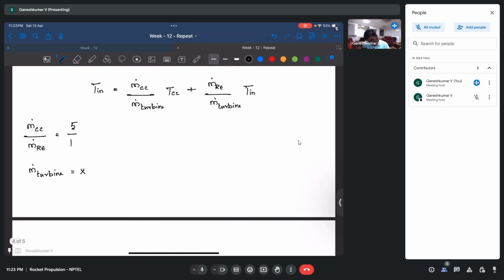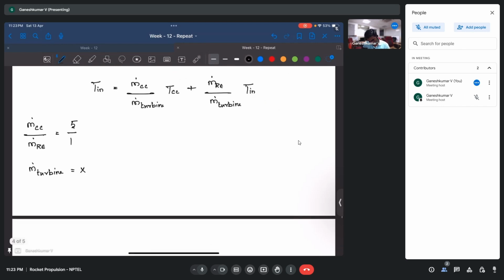Now, this 5:1 is nothing but m dot cc is equal to 5 times m dot re.